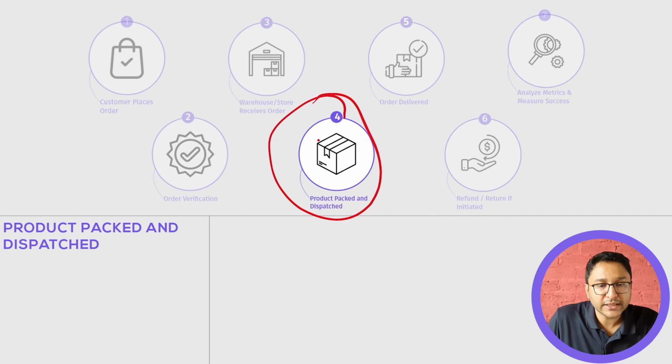So your order has been picked and packed and is ready for dispatch. Now, who delivers that order to the customer? Our OMS has integrated with dozens and dozens of 3PL partners. For each country that we operate in, we are very easily able to create adapters that integrate with the local 3PL partners.